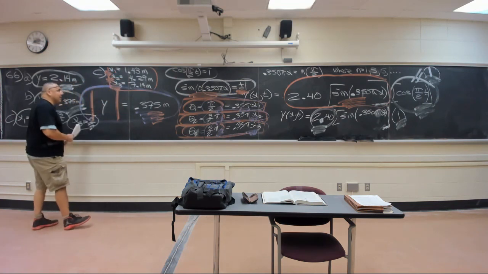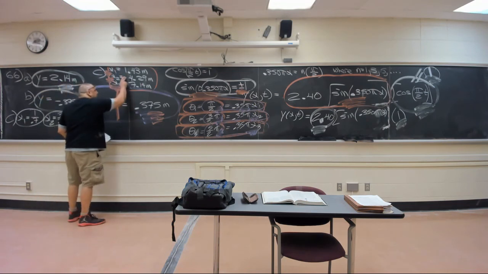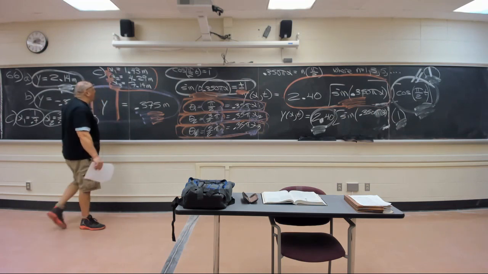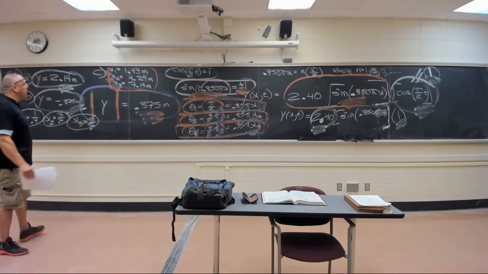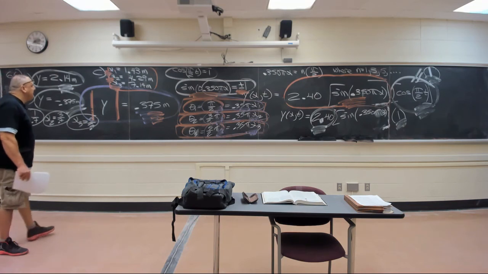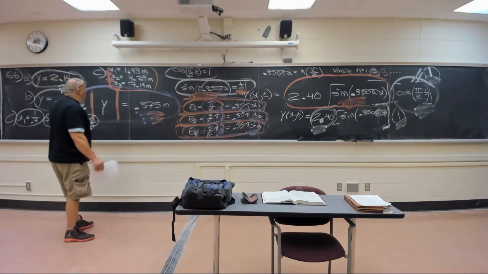What do you mean half a wavelength? I mean this difference right here is half as big as this difference. I'll put it another way. 4.29 minus 1.43 is equal to, I want to think, 2.86. Let me just kind of argue with myself on that.